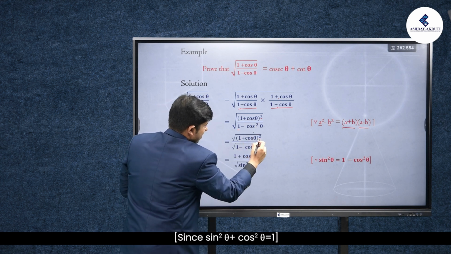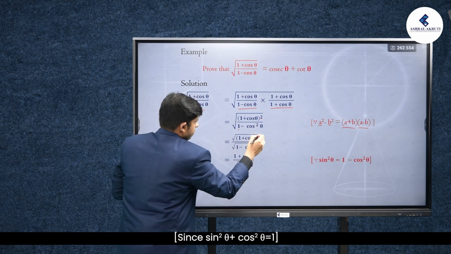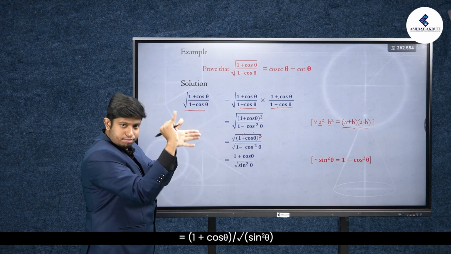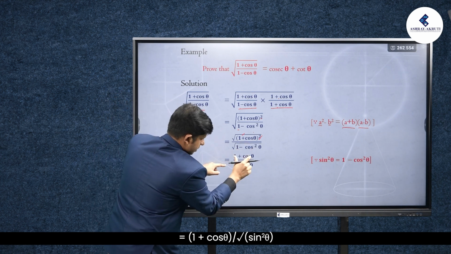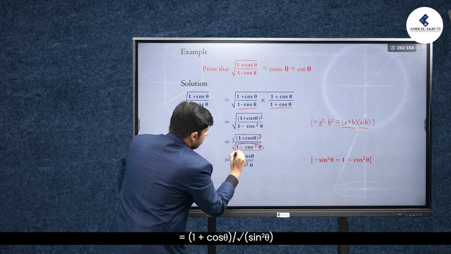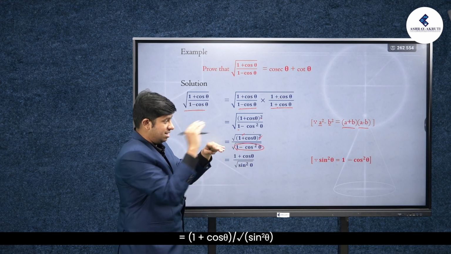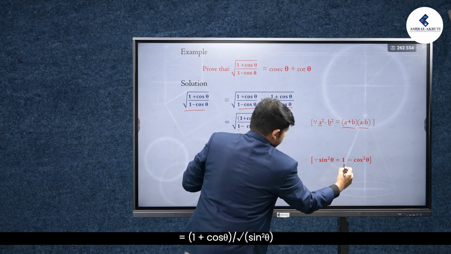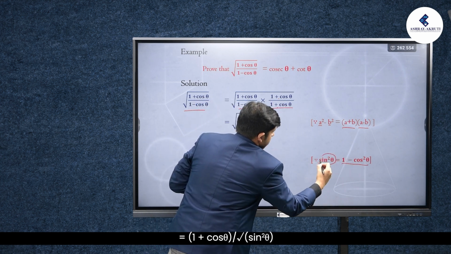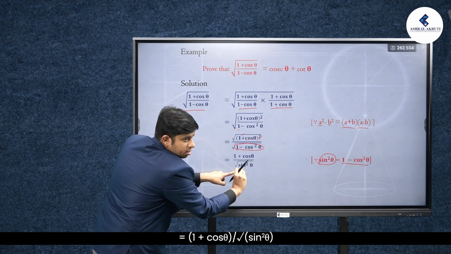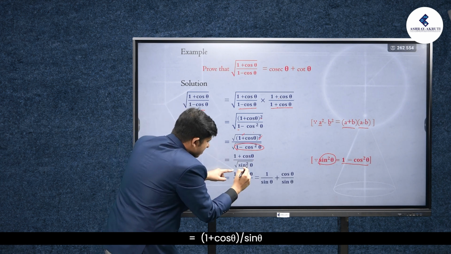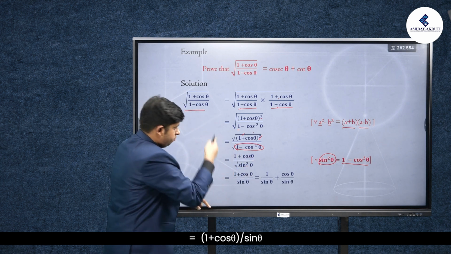Since sin square theta plus cos square theta is equal to 1, we can write it as (1 plus cos theta) by under root sin square theta. That is equal to (1 plus cos theta) by sin theta.